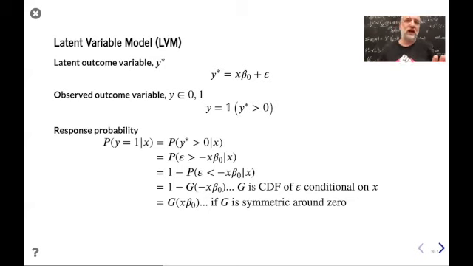You're all used to that from the linear model. You would assume that epsilon has conditional mean equal to 0, right, given x. So we're used to that. What about the variance? Okay, what is the variance of the error term? I mean, in a regression model, that could be many things.